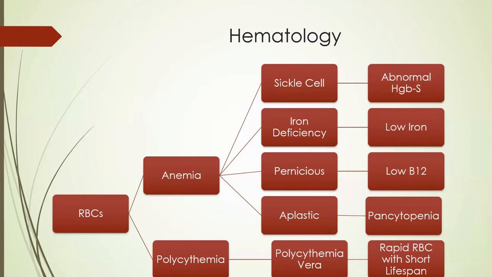So anemias in general, except for sickle cell, are a lack of something. Polycythemia is going to be too many, kind of the opposite. We can tell that with poly meaning many, cy meaning cell.